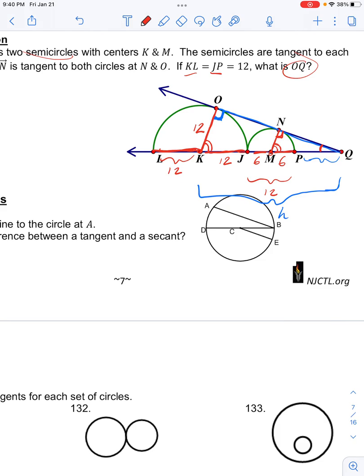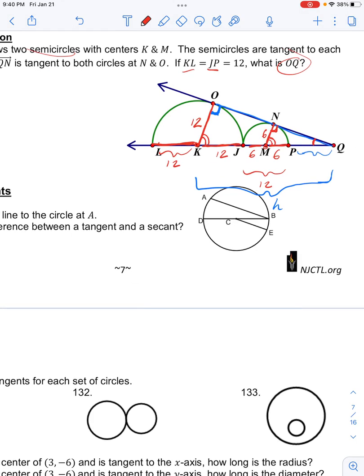So I'm going to set up a proportion. Let me just label MN as 6 because that's a radius. So if we set a proportion between the larger circle radius, so that would be 12 over the hypotenuse, which would be 12 plus 12 plus this PQ, so that would be 24 plus PQ, equals the corresponding side, which would be 6 of the smaller triangle, over 6 plus PQ.